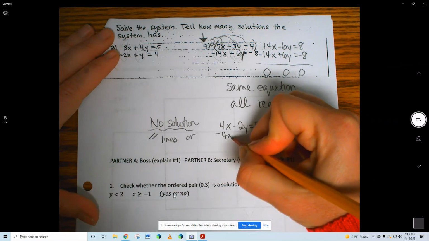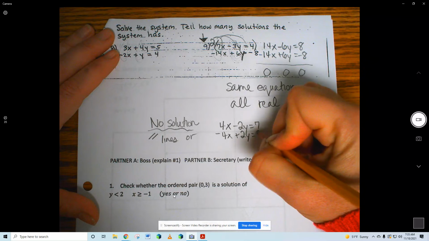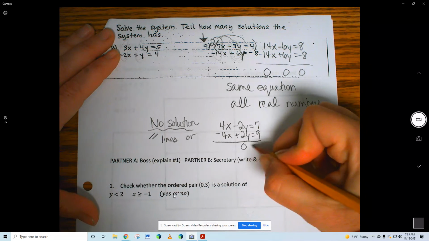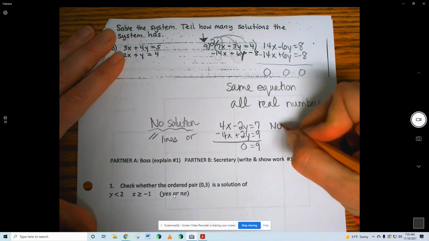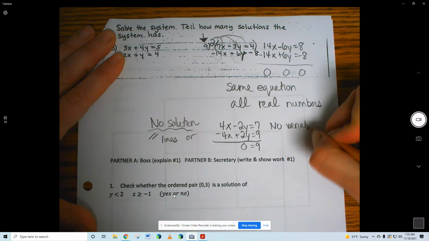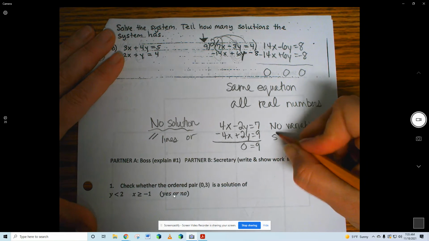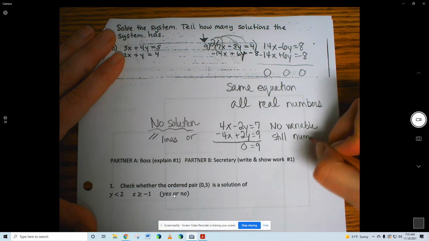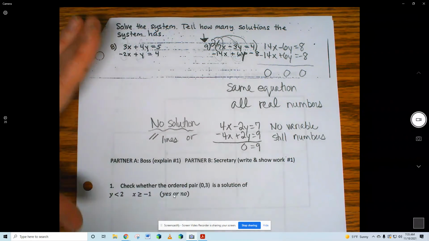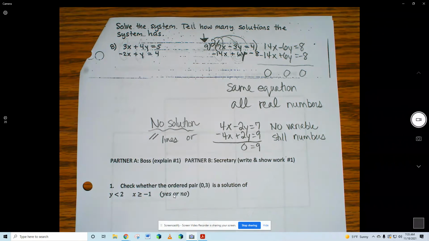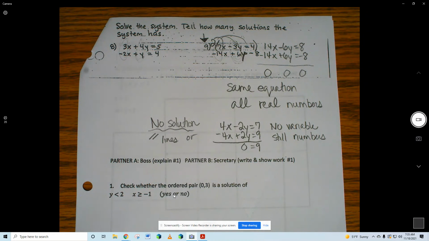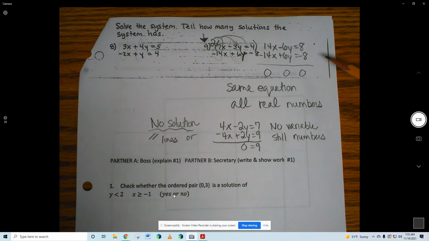The x's cancel. So there's no variable, but there's still numbers. This means it's going to have the same slope. But when everything cancels, 0, 0, 0, there's nothing left. It's the same equation. That's all real numbers.